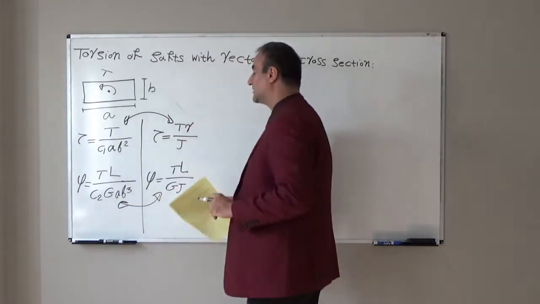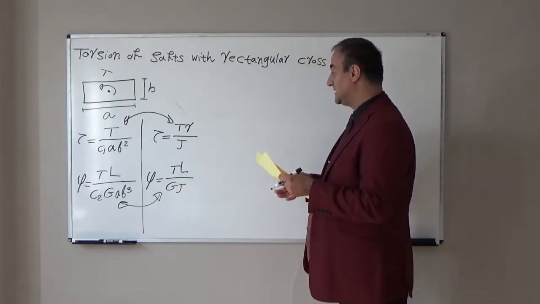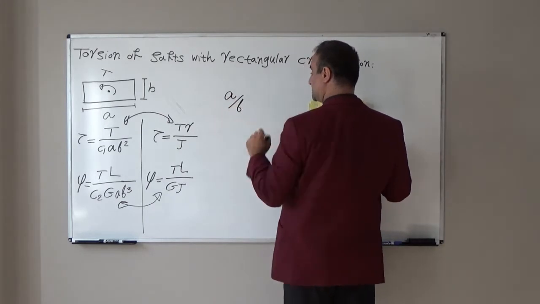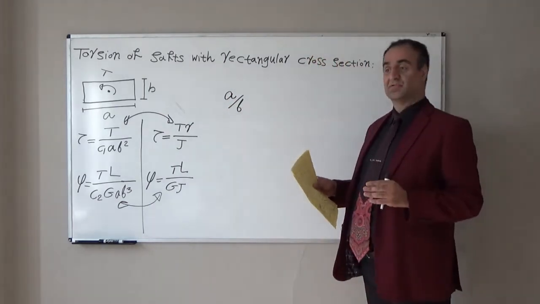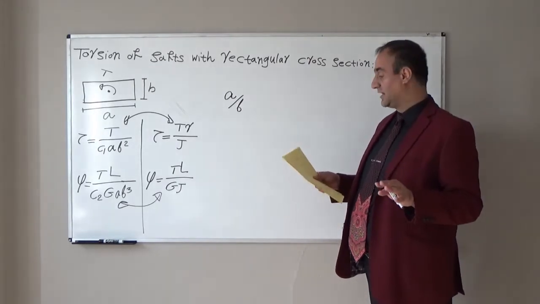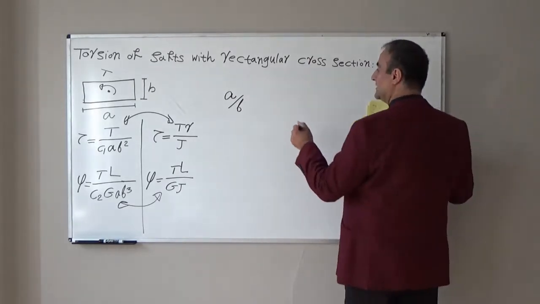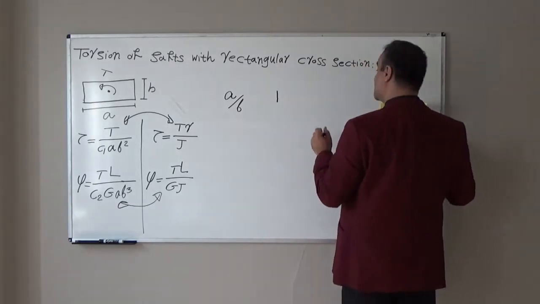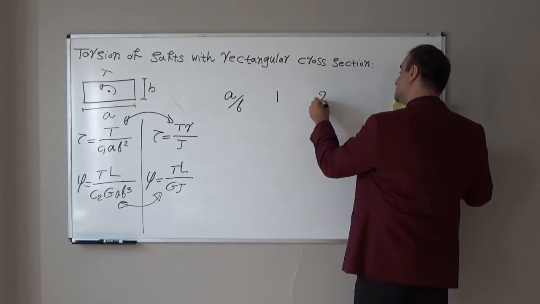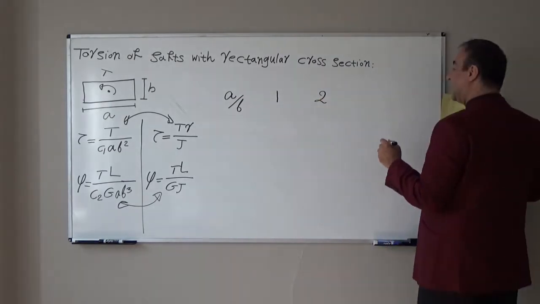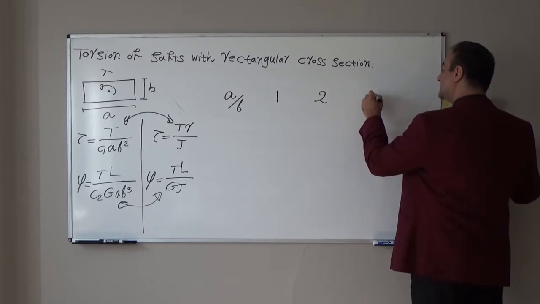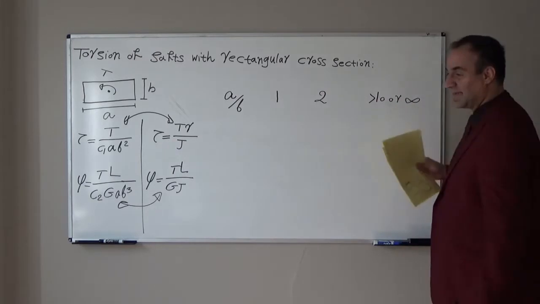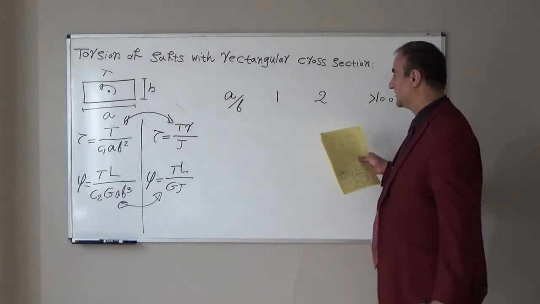Now let's look at the coefficients C1 and C2. C1 and C2 will depend on the A over B ratio. For different ratios, there are different numbers. I write those for only 3 numbers. A over B is equal to 1, it means square shape. A over B is equal to 2, and A over B greater than 10, or practically we assume it goes to infinity.